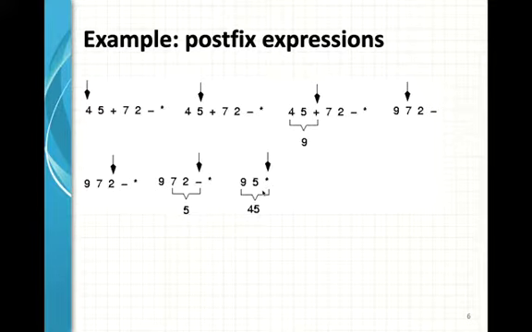So it is again a binary operator and it needs 2 operands again. So these 2 operands are there, and finally these 3 things result in 45. In the case of a postfix expression, there is no room for confusion at all in the execution.